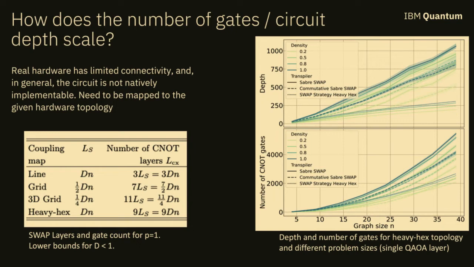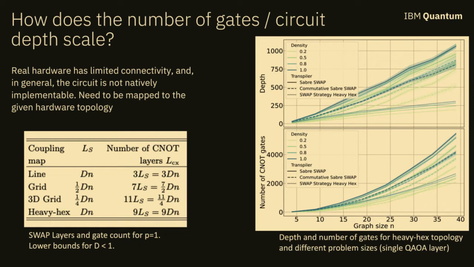And so this tells you how many of these CNOT layers, or swap layers, you need. And what is very interesting to see is that for a dense problem, the linear connectivity is actually as good in a way as the 2D grid.